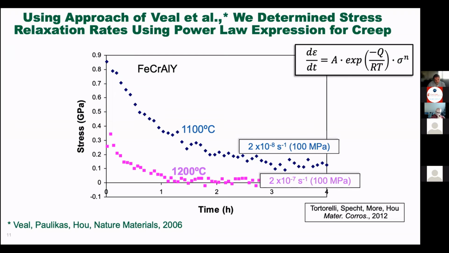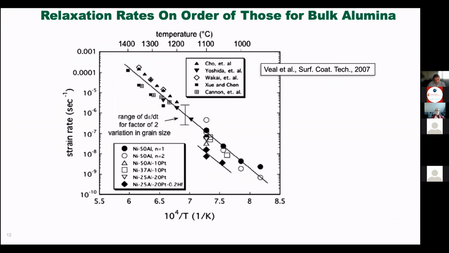So what do these mean? To put these relaxation rates in perspective, both Veal and then us put these in terms of what we know in the literature. On this plot, at the high temperature end, on the upper left-hand side, is data that Veal et al. collected from the bulk alumina literature.